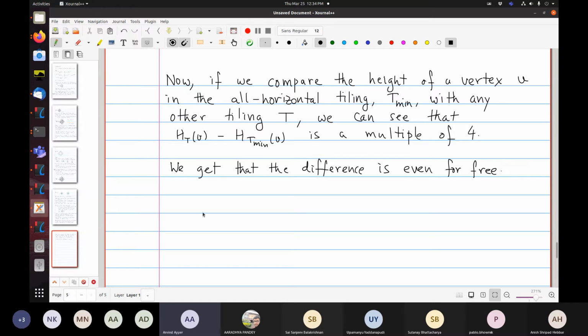And to see the multiple of 4, we can use induction on the distance from the boundary. For example, this is one way.